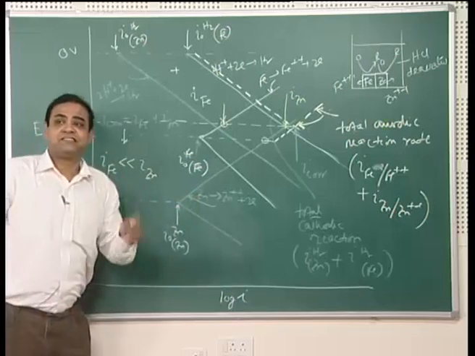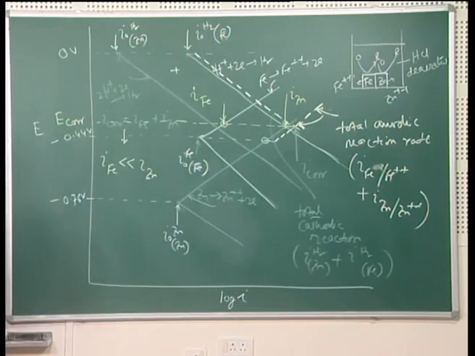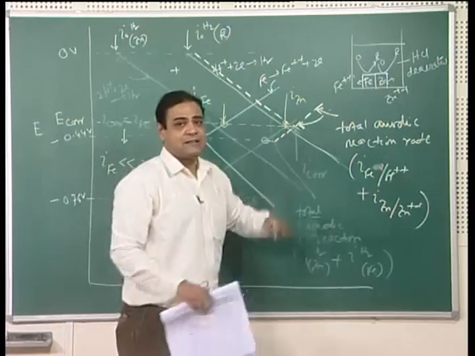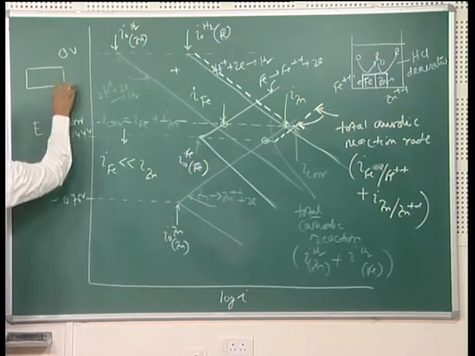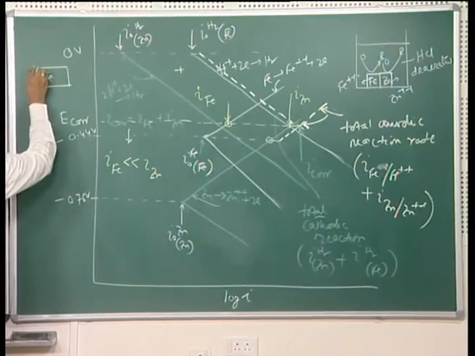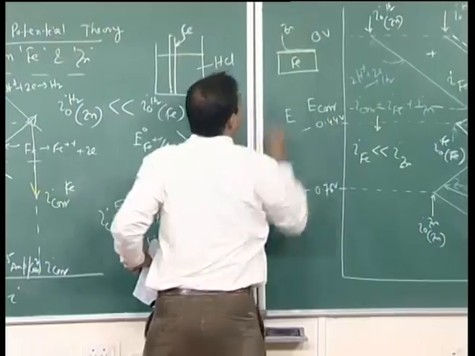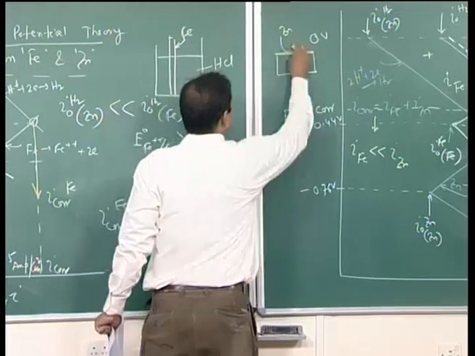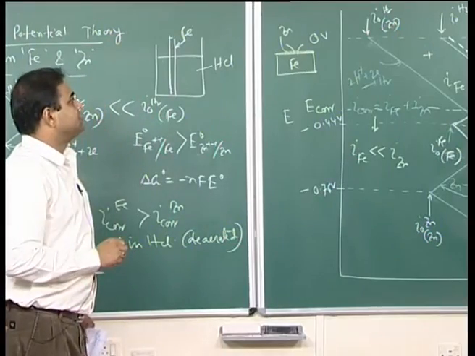And this is the reason why zinc is used for galvanization on iron surface. Let us say you have a galvanized iron piece: this is iron and on that surface you have a zinc layer. Due to some reason there is a crack, an opening in the zinc coating.